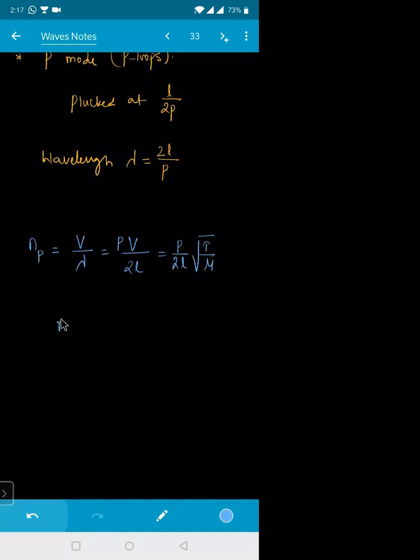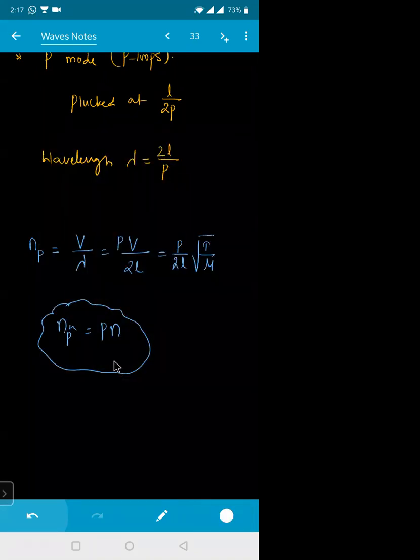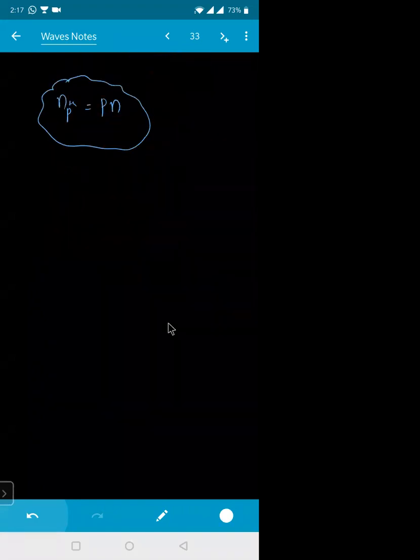That means I can write frequency of the nth will be equal to P times the fundamental frequency. Okay now? Isn't it? So if it is second loop, 2 times; third loop, 3 times; 4 times, and so on, you can write the root for that. Clear for everyone?